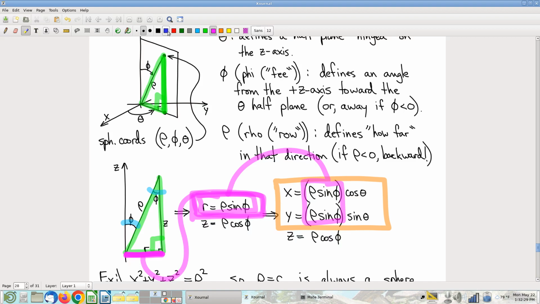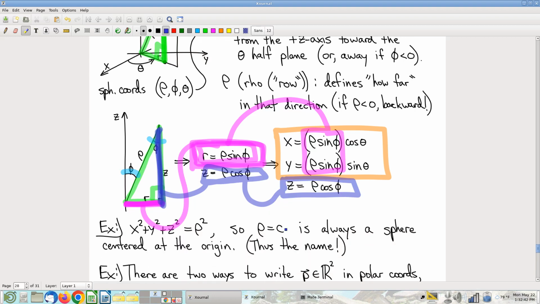Okay, then of course we're a hop, skip, and a jump away. After all, the third coordinate is just the other side of this triangle. And there you go. There's your formulas for converting spherical coordinates. Everybody happy?